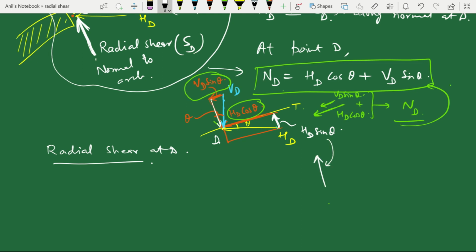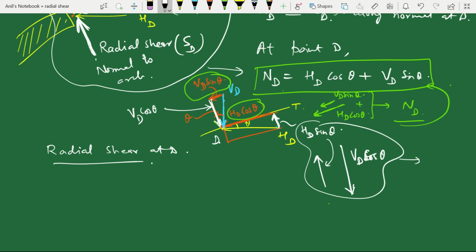And the normal component of VD is VD cos theta, and it is acting like this. So these two are in fact making up radial shear at D. So we can write SD equal to VD cos theta minus HD sin theta, because these two are opposite.